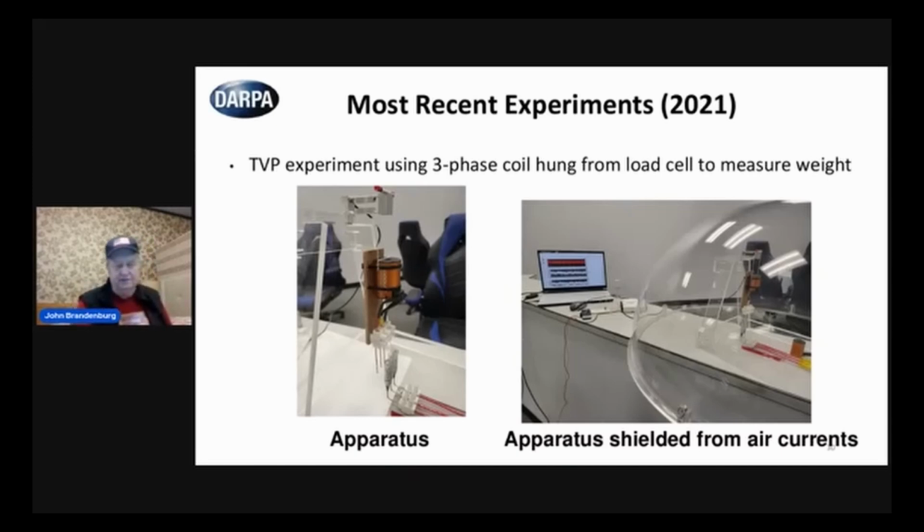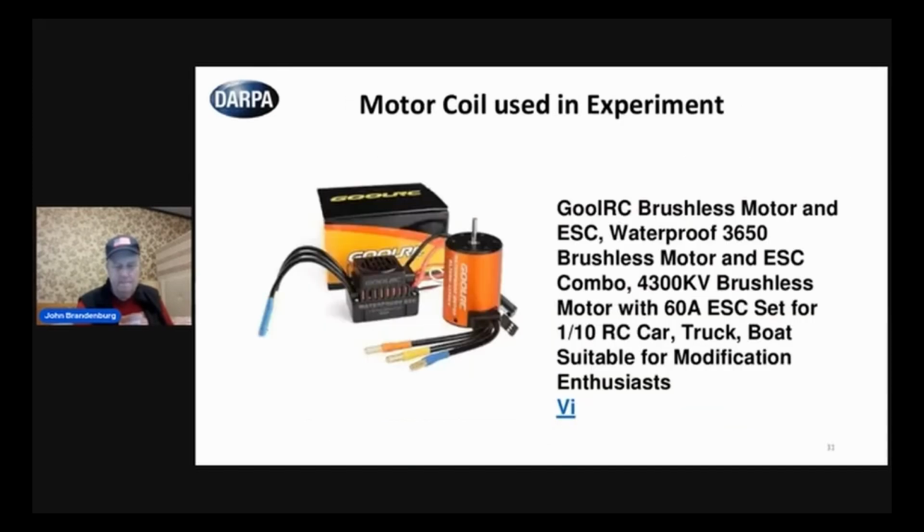So here are the results. Oh, I'm sorry. Here is the motor we used.